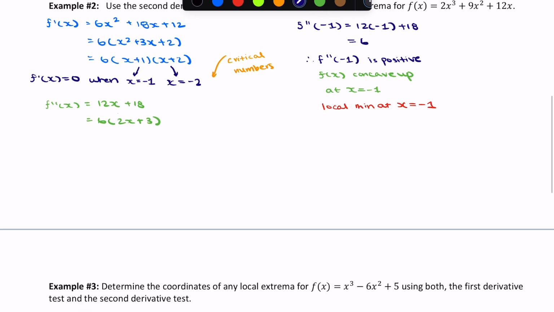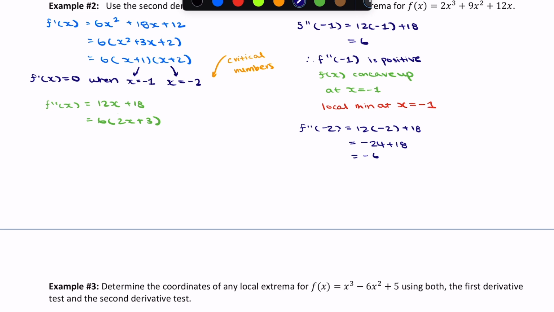And so now we'll sub in our other critical point, which was at -2. So here we get an answer of -24 plus 18, which will give us -6.